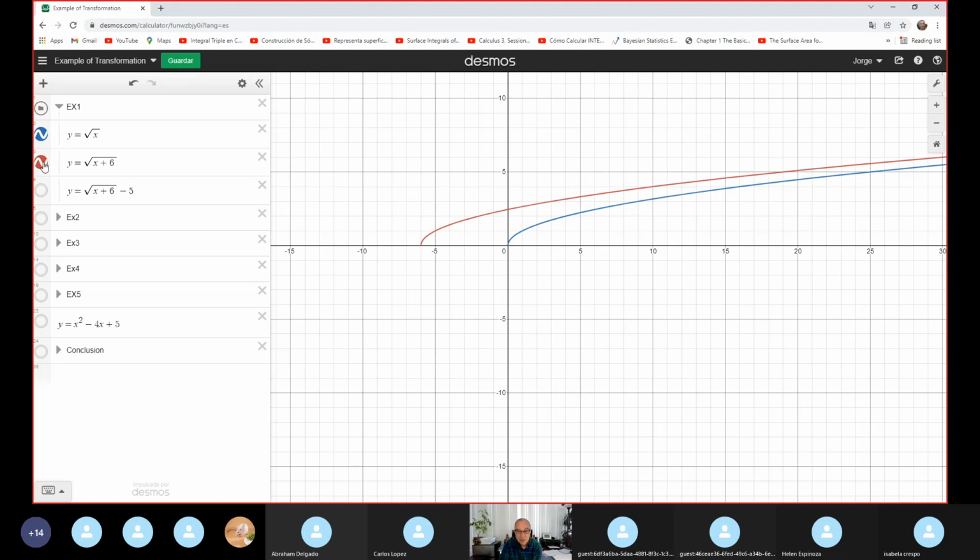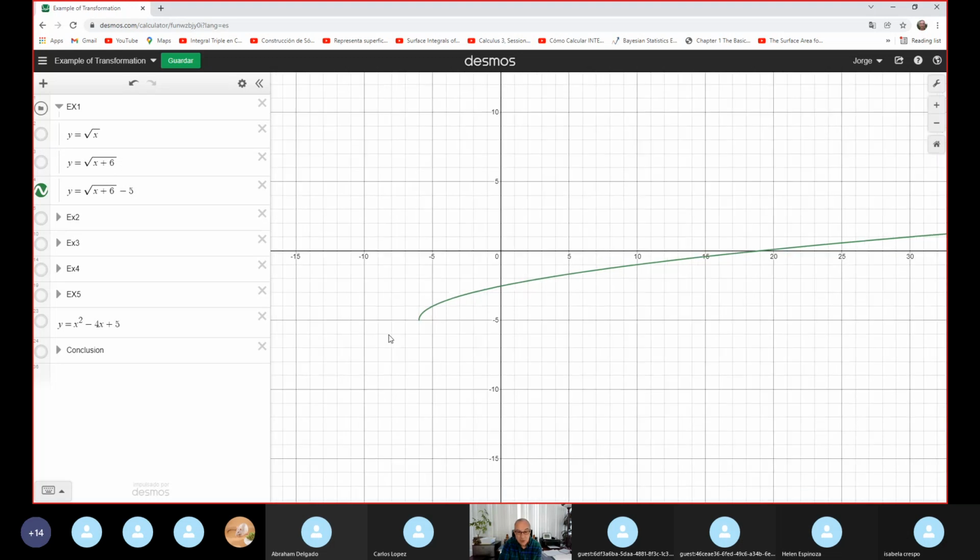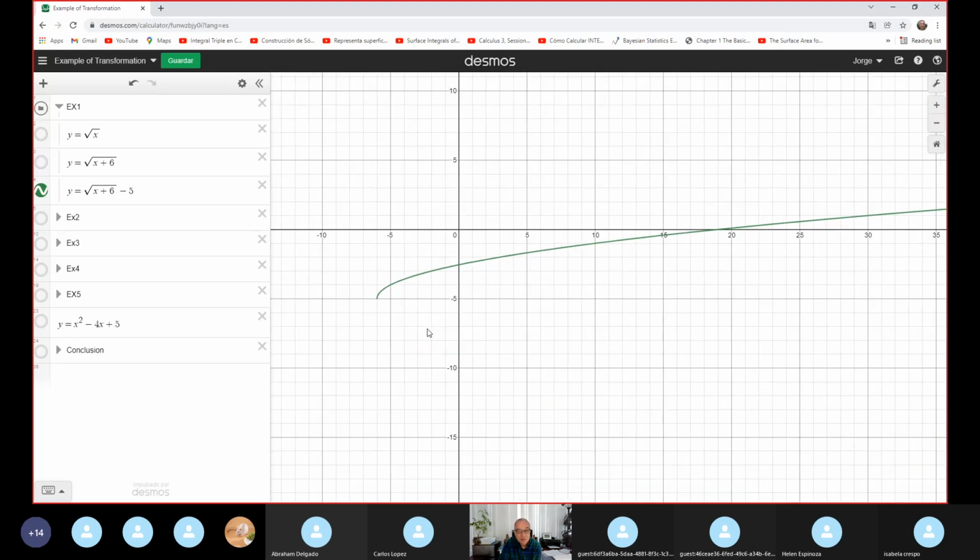What is the name of this transformation? Well, it's a horizontal shift 6 units to the left. And finally, a vertical shift 5 units down. Boom. So the final answer is actually the green one. The rest was auxiliary construction to help me get the final answer. Do you understand this or no? Yes, absolutely. Okay, super good.